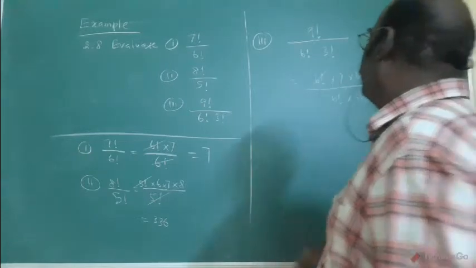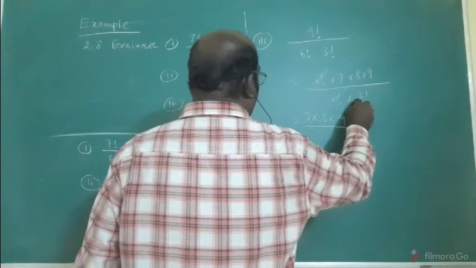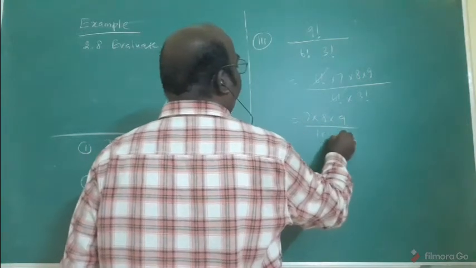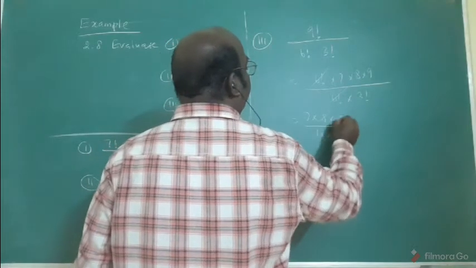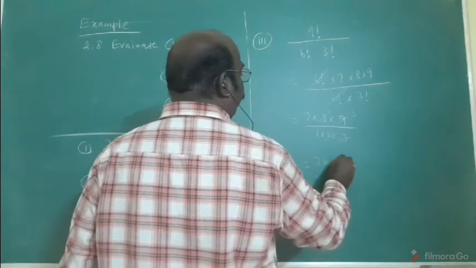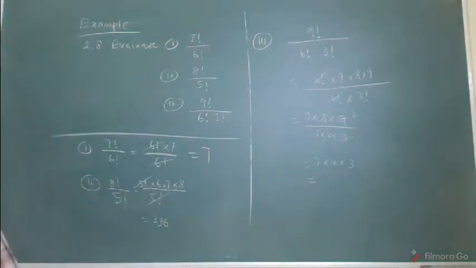Once again, 7 into 8 into 9. This 3 factorial can be 1 into 2 into 3. Am I right? Cancelling, we get 7 into 4 into 3. Multiply: 7 4s are 28. 28 into 3 is 84. That is the answer.